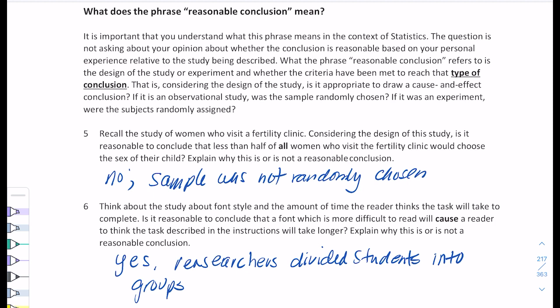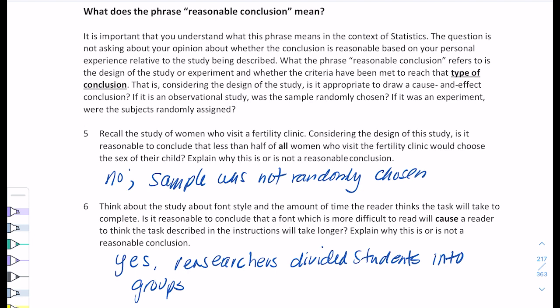Researchers gave instructions to each group of students using different fonts. The only problem I have with this is it doesn't specifically say that they randomly assigned the treatments, but they did randomly divide the students, volunteers, into 2 groups of 10 students each. So I would still go with yes.